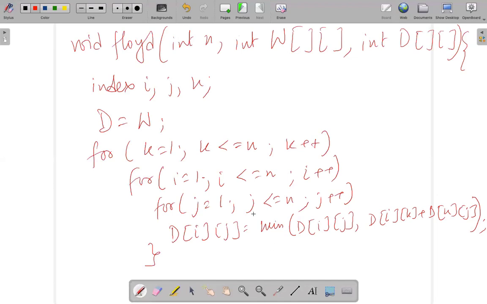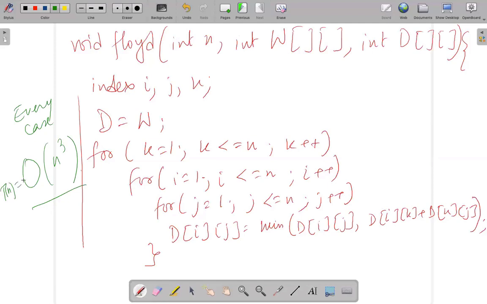Okay, so Dij is the minimum of previous Dij and the current Dik plus Dkj. Okay, and this gives you the distance matrix immediately. And as you can understand, it's very easy to compute the every case time complexity, which here is order of n cube.